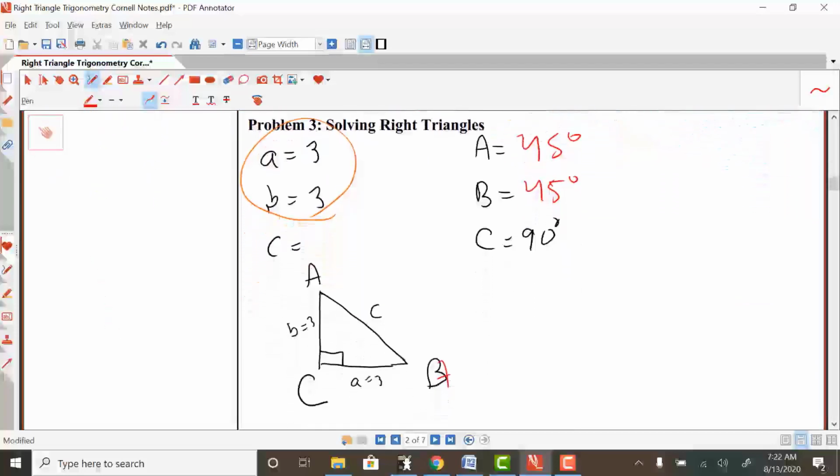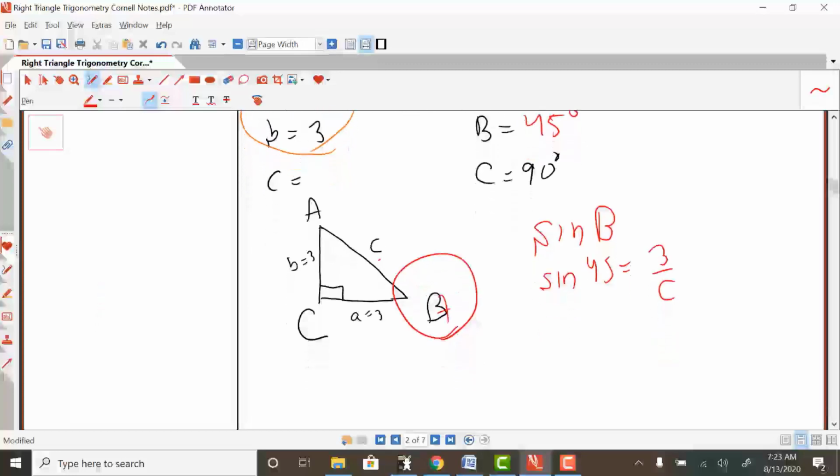I'm going to set up from here, and I'm going to do sine of B. Okay, so sine of B will be the opposite over the hypotenuse. So in this case, it'll be sine 45 is equal to 3 over c. It's probably the same thing you got anyway. Notice that the variable is in the denominator.